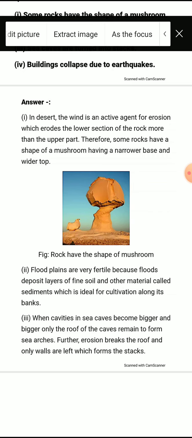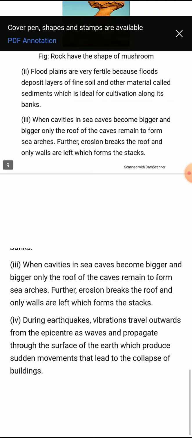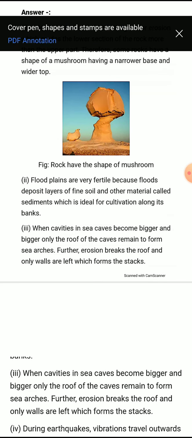When the sea waves strike again and again against the cave, they form three types of shapes. First sea cave, then sea arch, then stack. Further erosion breaks the roof and only walls are left, and whatever walls are left are known as stacks. It is given in your book at page number 16.